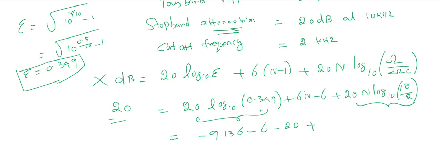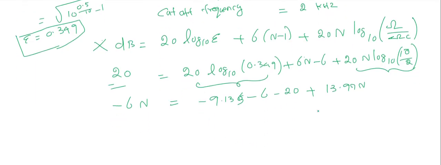So this is minus 6n, which is equal to minus 9.135 minus 6 minus 20 plus 13.978n. Again you can calculate this: 19.979n equals 35.135. Please cross check the values.